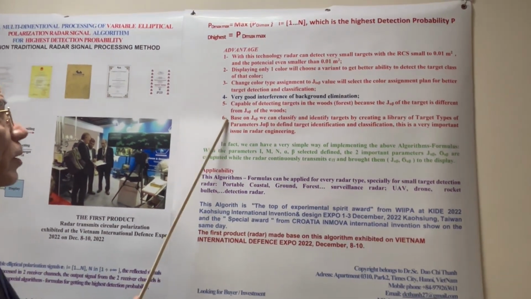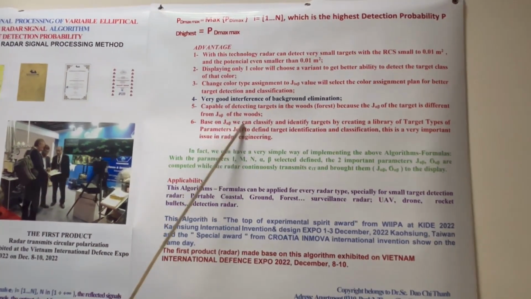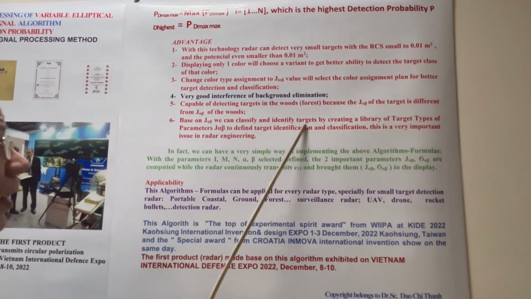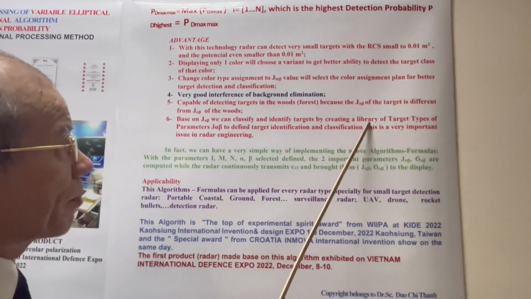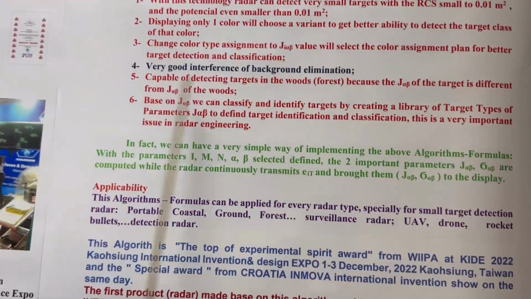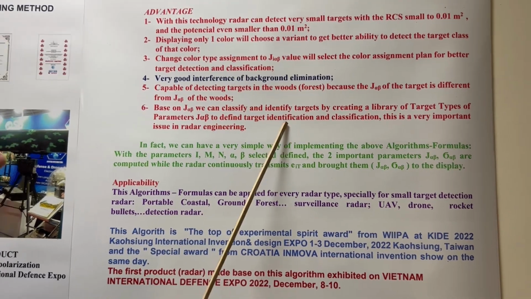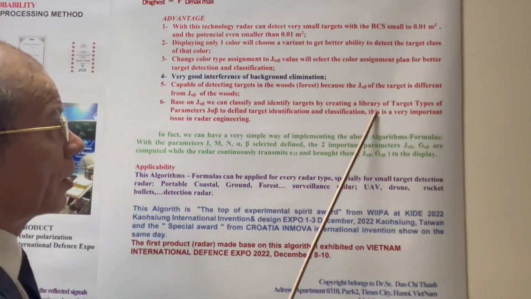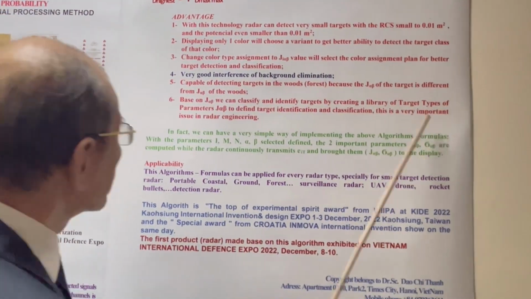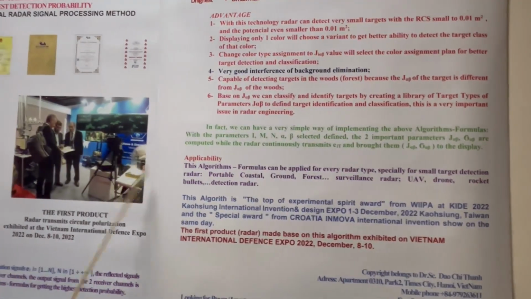And the sixth: based on alpha beta, we can classify and identify targets by creating a library of target types with the parameter G alpha beta to define target identification and classification. This is a very important issue in radar engineering.